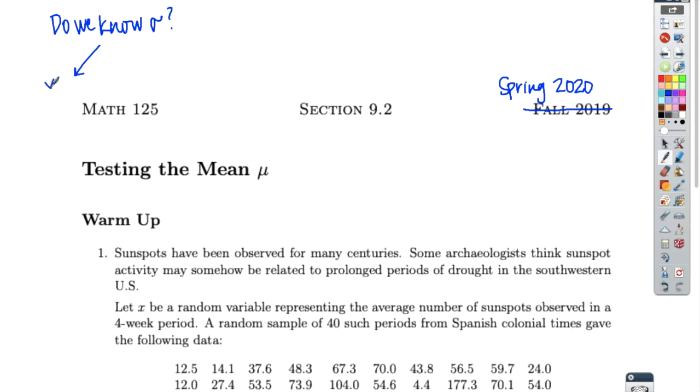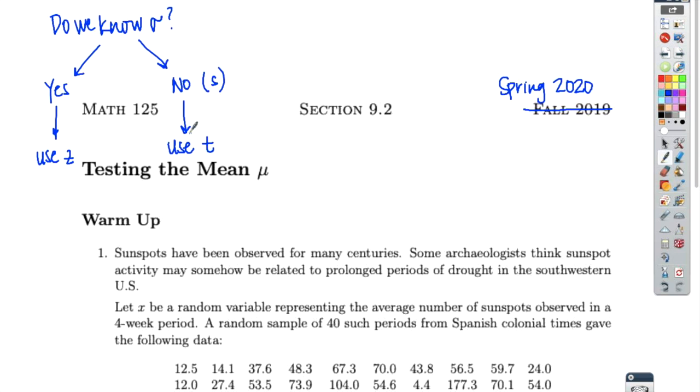If the answer was yes, we would use Z. If the answer was no, we do not know sigma, in that case we would have S but not sigma, then we would use T, the student's T distribution.